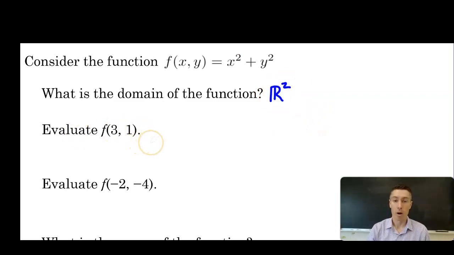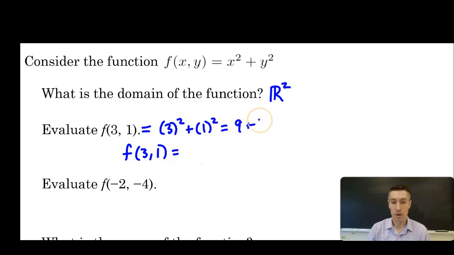Evaluate f of 3, 1. So x will be 3, y will be 1. We input that into the function. So 3 squared plus 1 squared. So f of 3, 1 is 9 plus 1, so we get 10. So our input of 3, 1 maps to an output of 10. And in this case, it's not really the math that I'm concerned about.